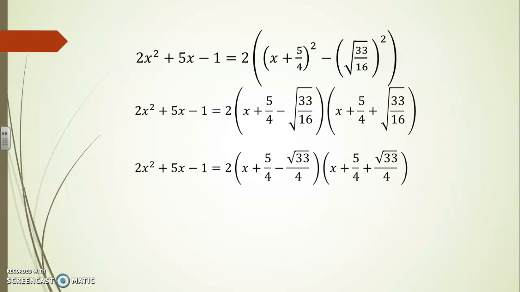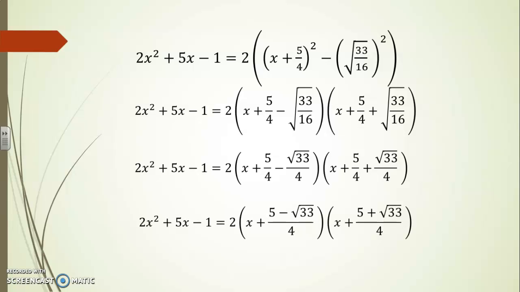Perhaps as a final simplification, we can observe that the root of 16 is 4, and therefore we can simplify the root of 33 over 16 slightly by writing it as root of 33 over 4. This allows us to have 5 minus root 33 over a common denominator 4, and 5 plus root 33 over a common denominator 4. This would be our factored form of the quadratic.